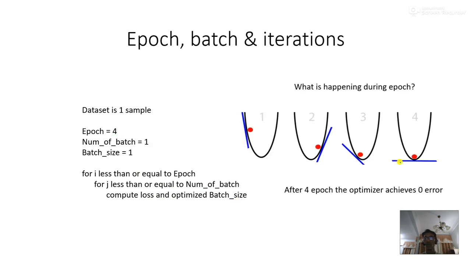This is what happens during an epoch. You keep going, and at the end you change the weights using the optimizer and the learning rate, until you get zero loss or zero error.